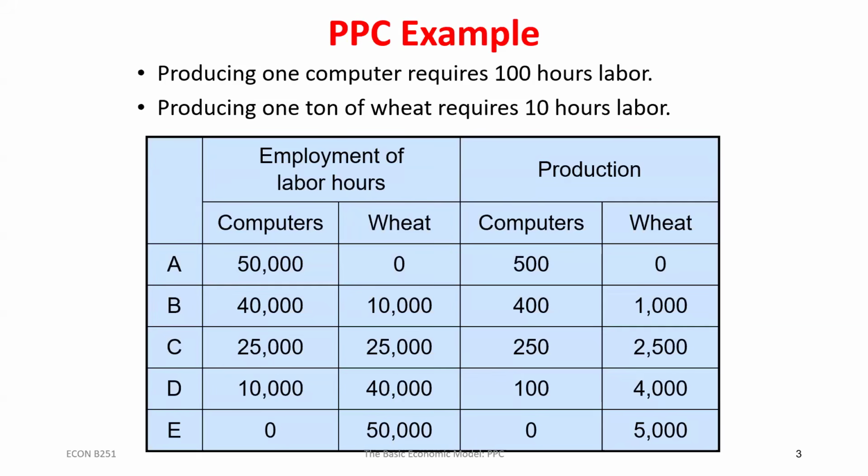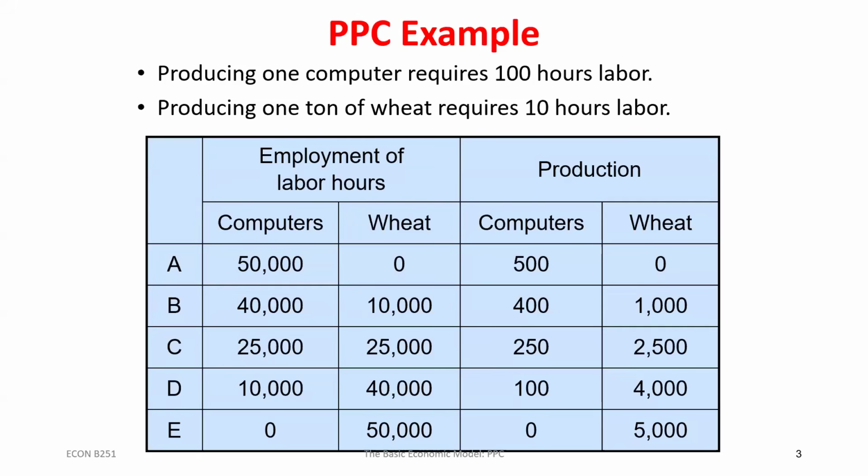So what we're going to call this is every combination of these two goods I could produce using all of my resources. Any point on this curve, like point A, we're going to call production efficient.